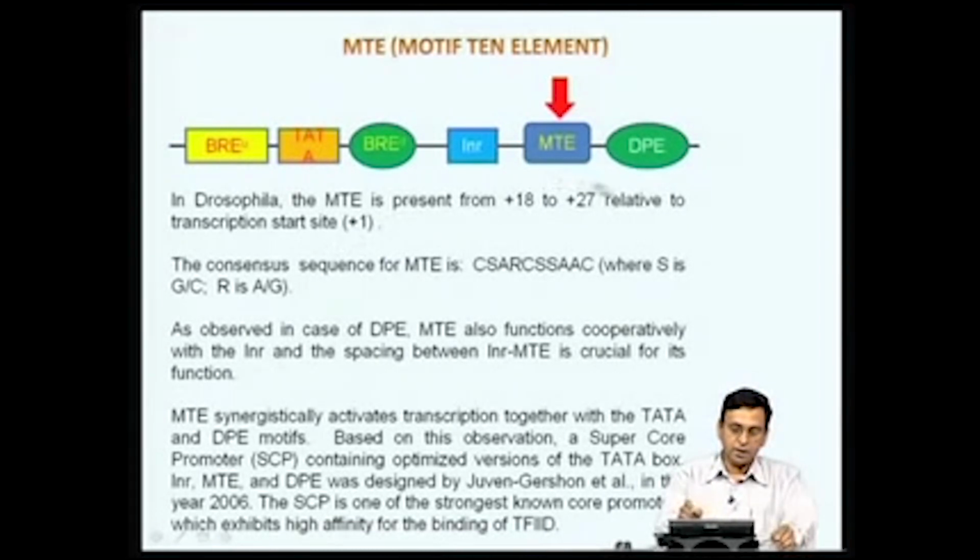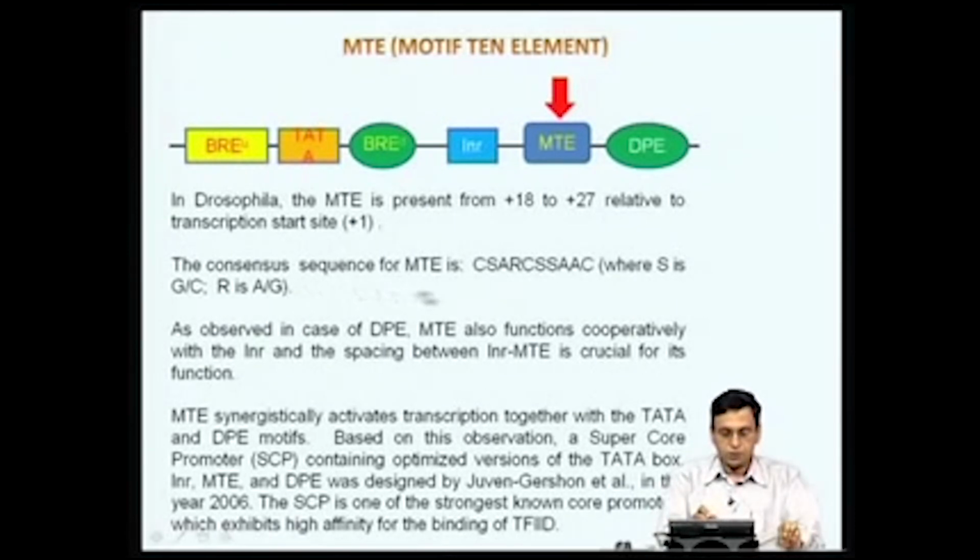So, remember, the two elements we are discussing, the DPE and MTE, are present downstream of the transcription start site, whereas all other elements we have discovered so far are present in and around the transcription start site or upstream of it. The MTE, the motif ten element first identified in Drosophila, is present between +18 and +27 relative to the transcription start site.